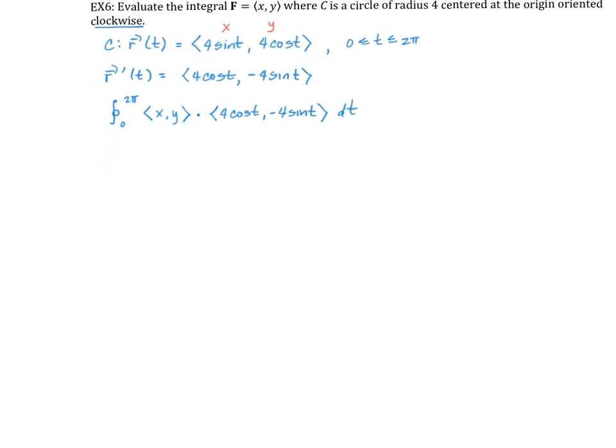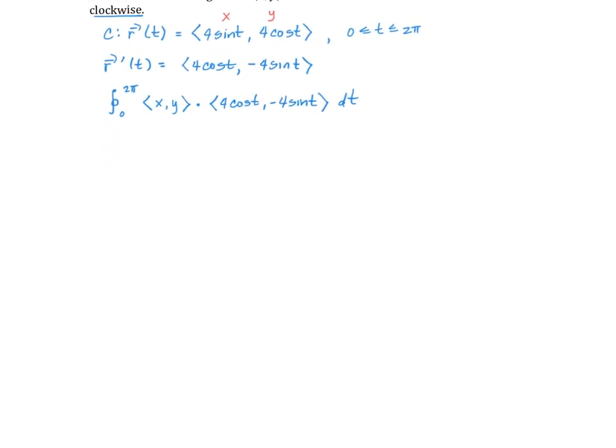So the last thing I need to do is to replace x and y so everything can be written in terms of t. I have my integral, 4 sine t, 4 cosine t, dotted with 4 cosine t, negative 4 sine t.